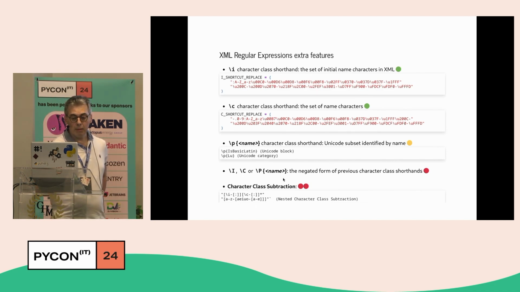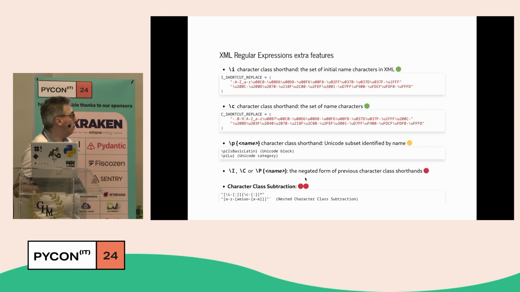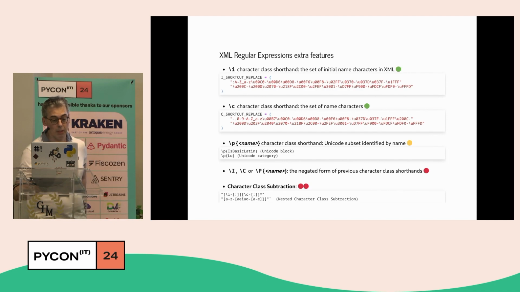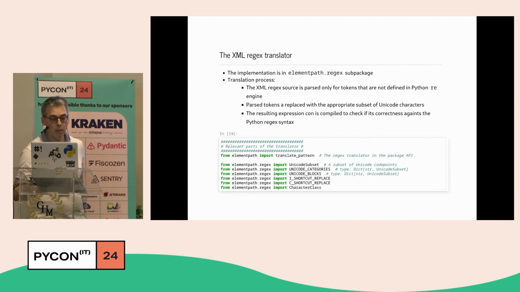Also, there are negated forms of previous character classes, and so the problem is that operations are on all the Unicode character set, so the subset of the character set that you have to process can be very wide.